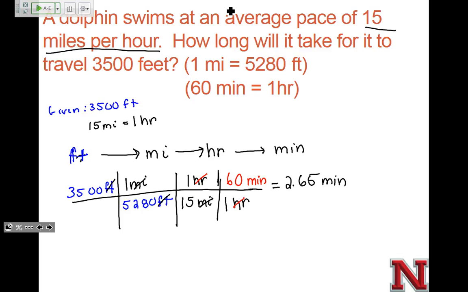But remember, as far as what's significant, this is a measured relationship of 15 miles, and that only has two significant figures. And my given only has two significant figures. It's not real clear if these zeros are significant, so I'm going to assume that they're not. So, I have two significant figures, and that's what my final answer should be in.